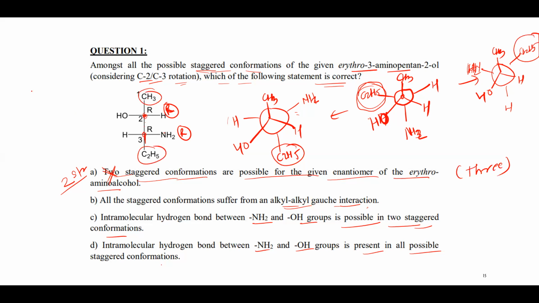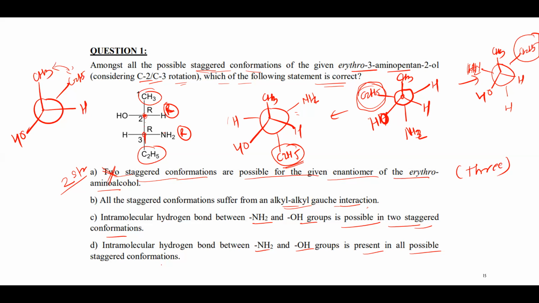So we need to look at this CH3 and C2H5, and at which of the possible structures have these gauche to each other. So in these three forms, you can see in this form there is no gauche interaction between this CH3 and C2H5. They are anti to each other. In this one, yes, there is one gauche interaction.